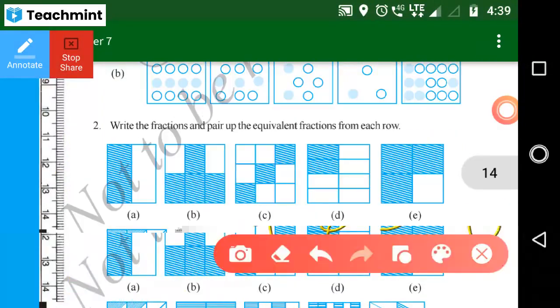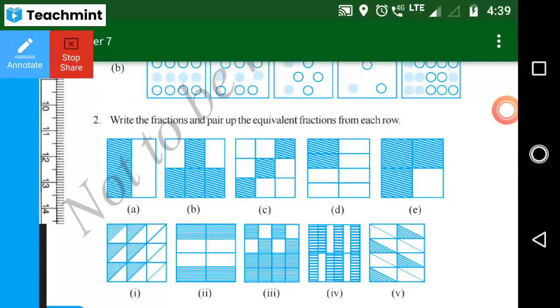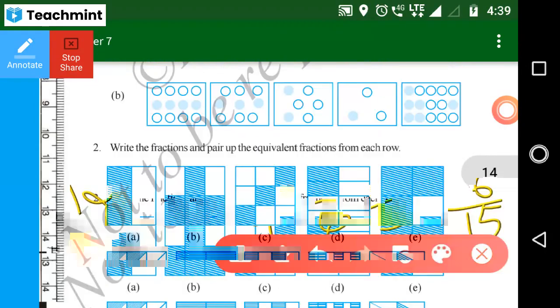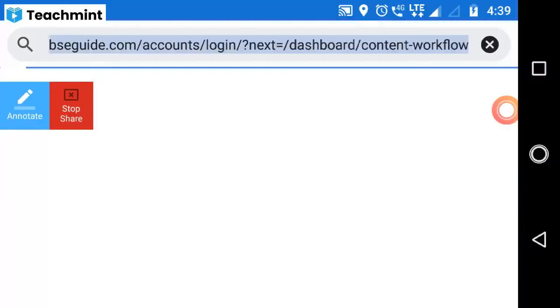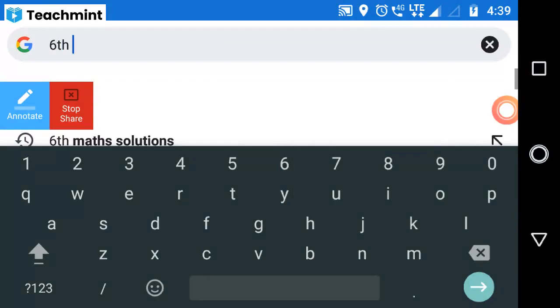Okay, next one. So here, write the fractions and pair up the equivalent fractions from each row. So from each row, you have to pair. Okay, from each row. I just show. Wait. Easily you can just write down directly. You can write in this textbook only. There is no time.